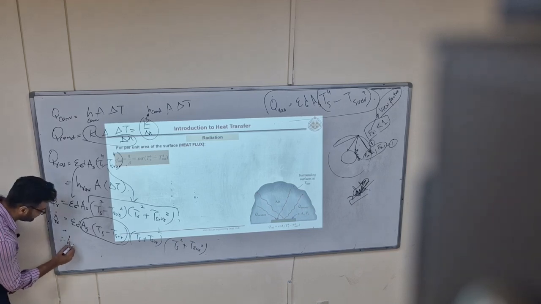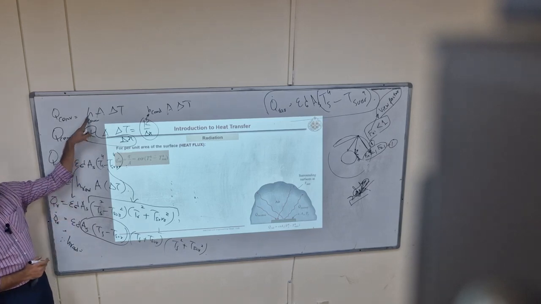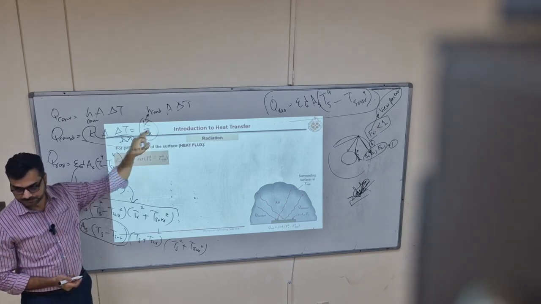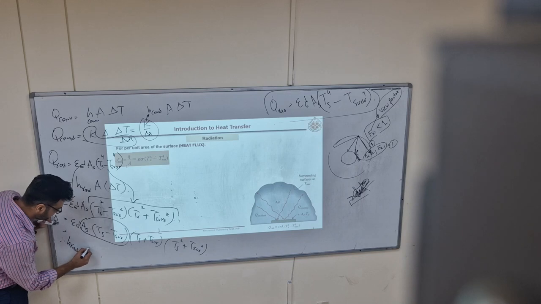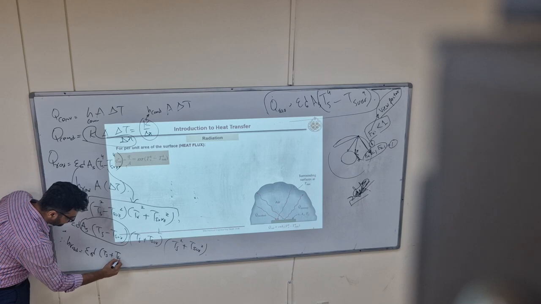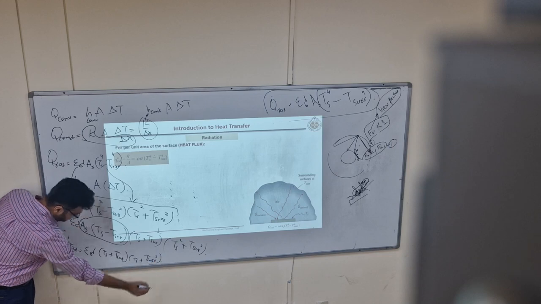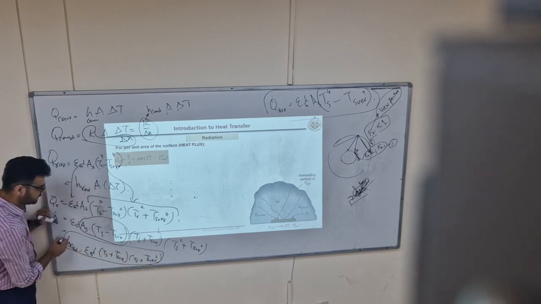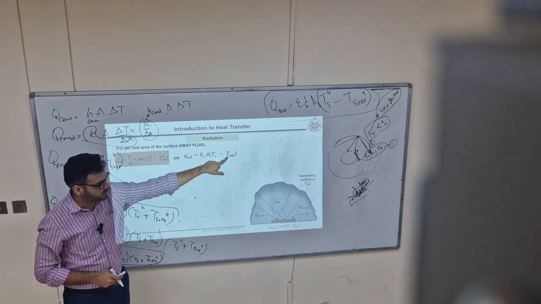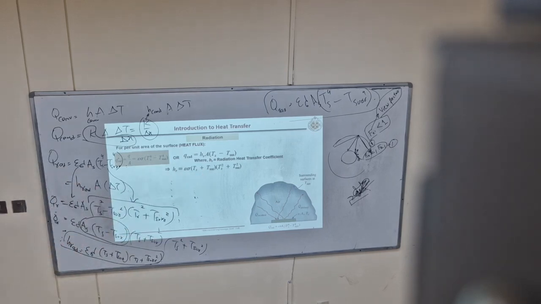So from here, radiative heat transfer coefficient, just like convective and conductive heat transfer coefficients, is given by epsilon sigma times Ts plus T surrounding times Ts square plus T surrounding square. That is called the radiative heat transfer coefficient, which is written here: Q radiation equals h R A delta T, where h R is this, which I have. Okay.